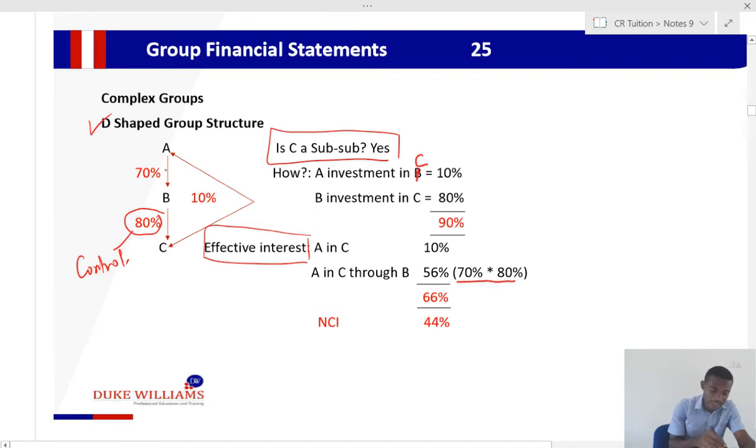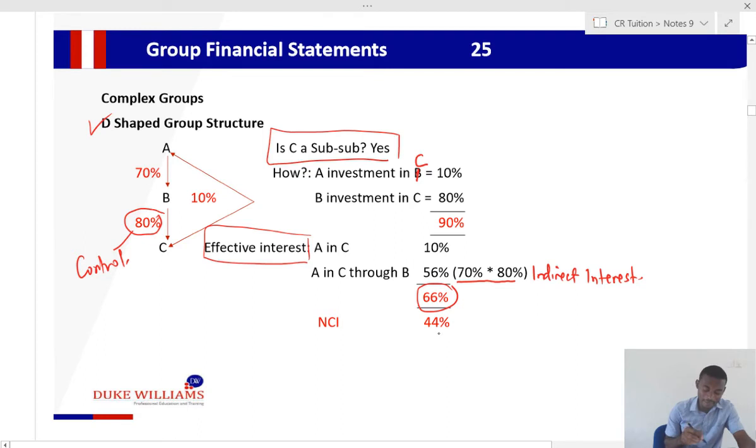So A's 70% times B's 80% will give us the effective or what we call the indirect interest. So the indirect interest will be 56, which is 70% times 80%. So the total will give us 66%, and the NCI is 44%.